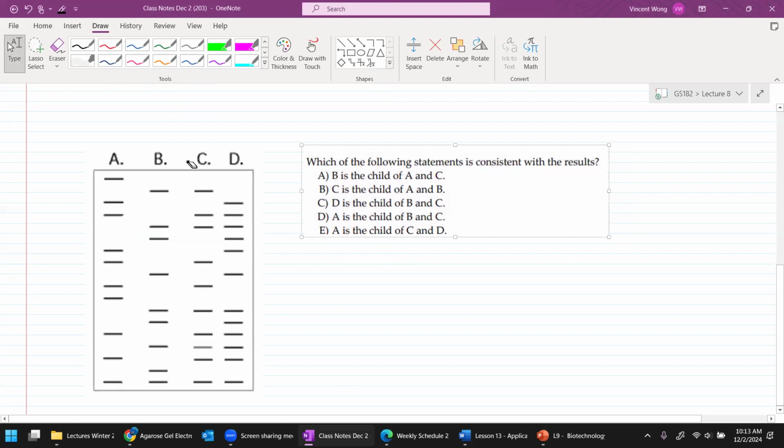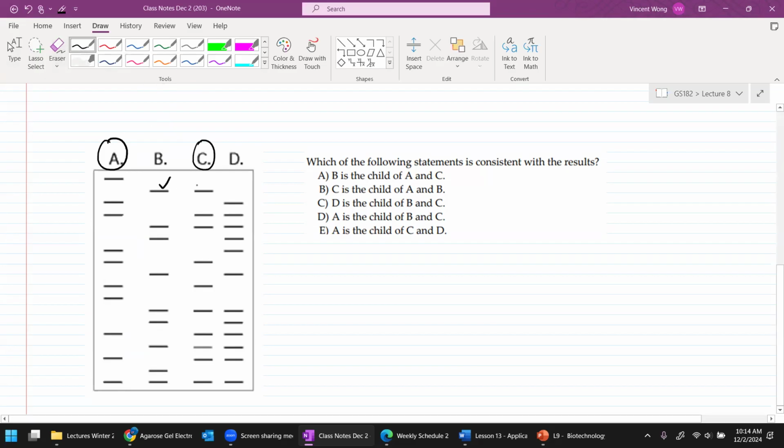So 2 parents, 2 kids. B is the child of A and C. Is that possible? So let's say this is the parents and this is the parents. So B is the child. That means everything B has, each of these DNA STRs that B has, has to come from mom or dad, right? So let's take a look.